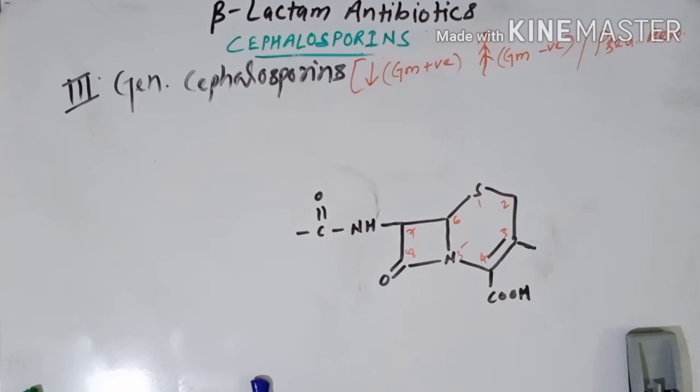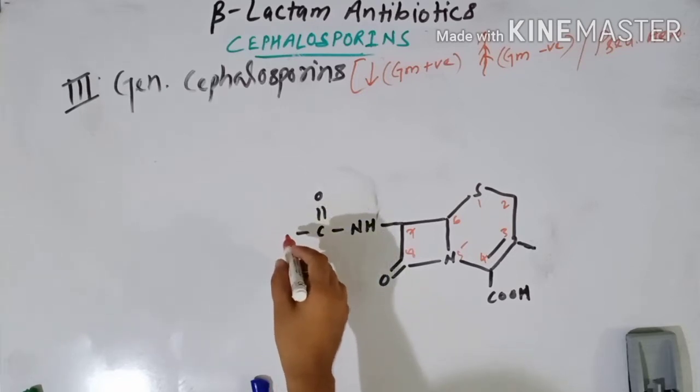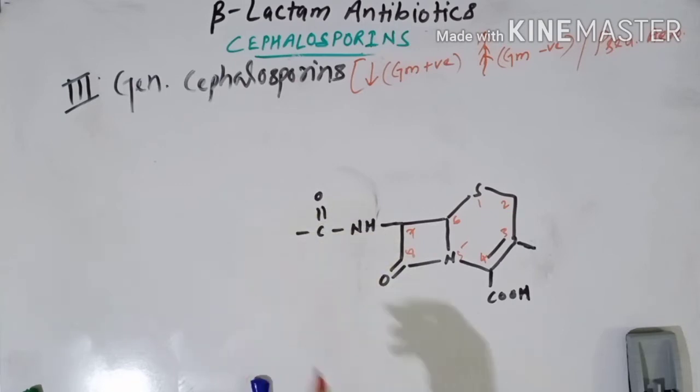And they have high beta lactamase resistance due to the acyl amino group. The acyl amino group which is present over here, we will see later on. So due to this acyl amino group, they have high beta lactamase resistance. So now we will see the examples.